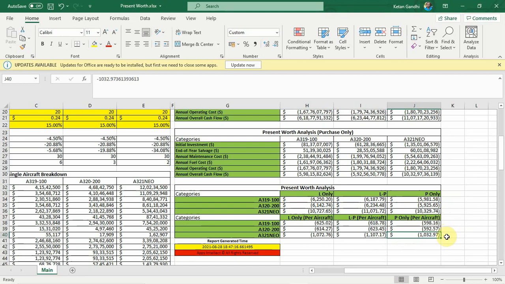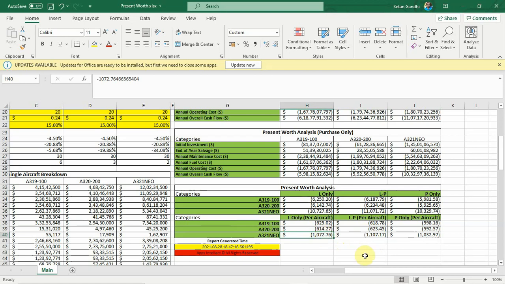So here it is 103,297,000, and then we've got another scenario of lease and purchase per aircraft, with a study period of 10 years, with a minimum accepted rate of return of 15%, and what we get here is 110,717,000.